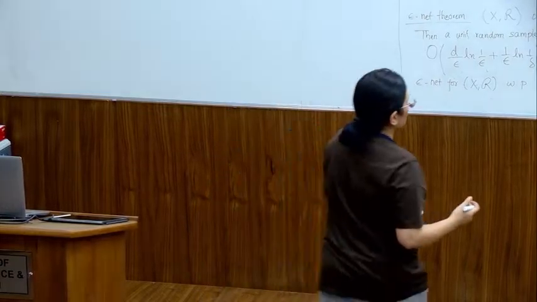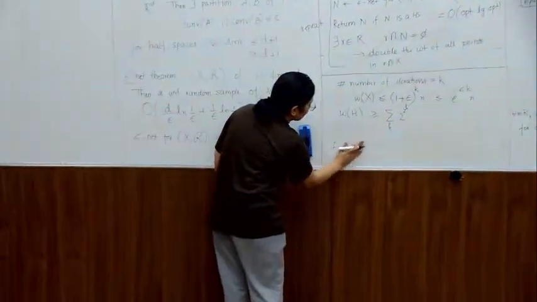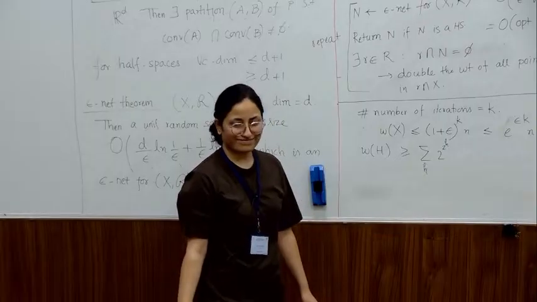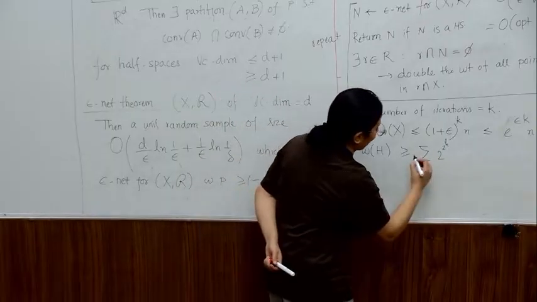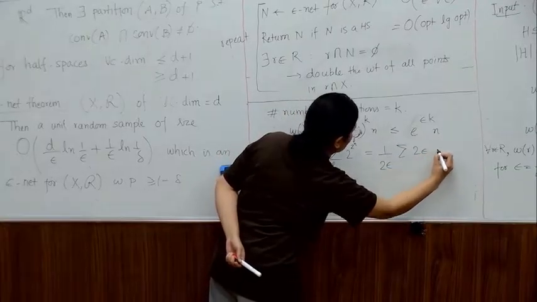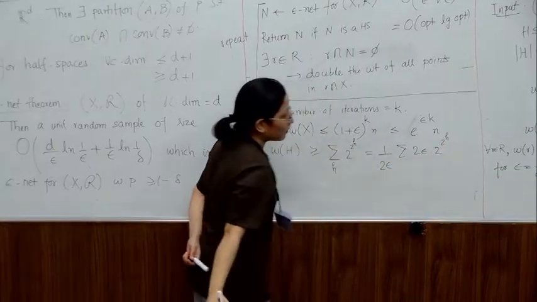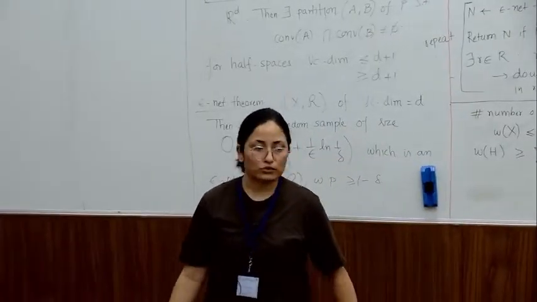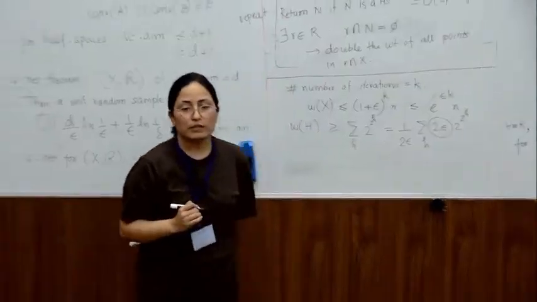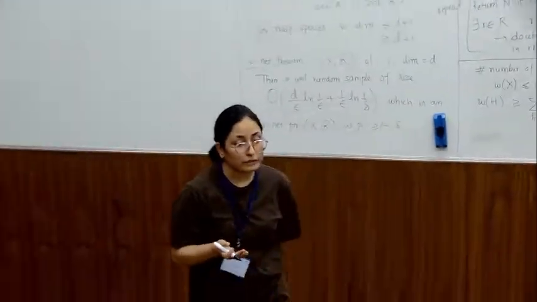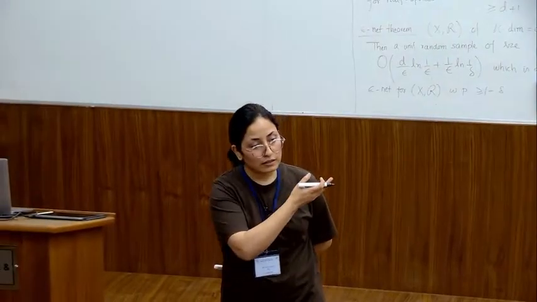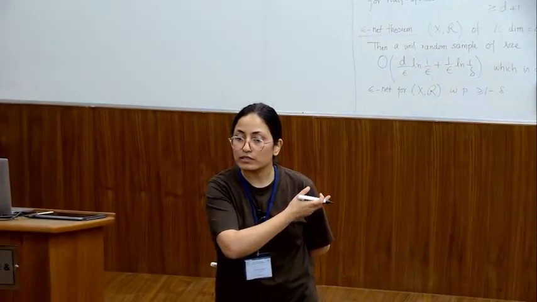Right? And now what do we do? Now we have to do just some math. And you can show that this constant here, 2 epsilon, what is the value of this? 1 over OPT. The size of H is also OPT. That means we have some parameters which sum up to 1.